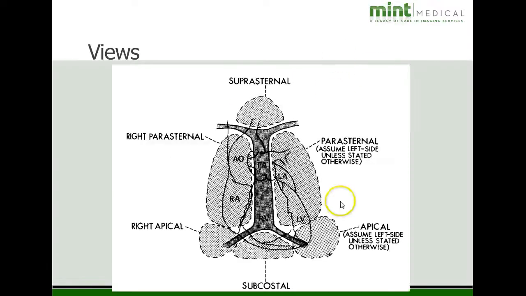The next set of views are going to be taken from the apex of the left ventricle, and the transducer position is going to be right here. And as you'll see in the demonstrations to follow, you're going to be angling up towards the patient's right shoulder. This is the angle of incidence you want to perform for the apical views.